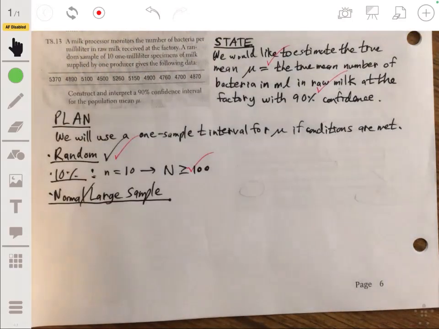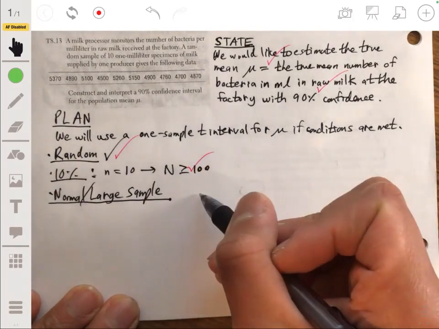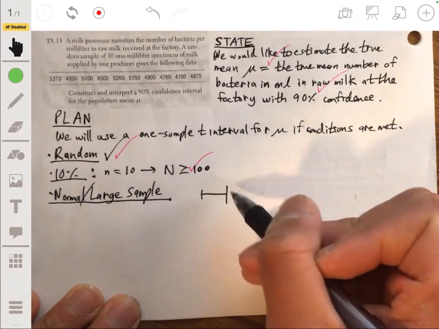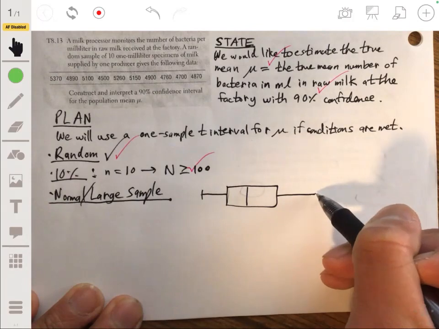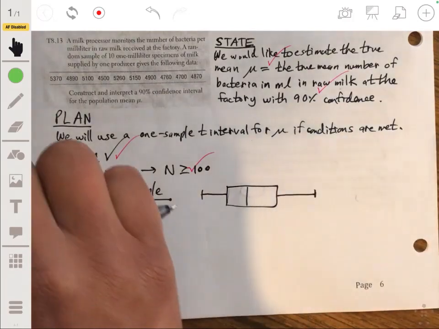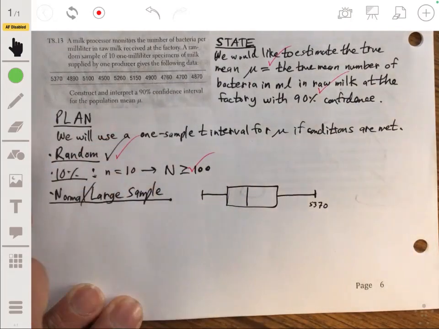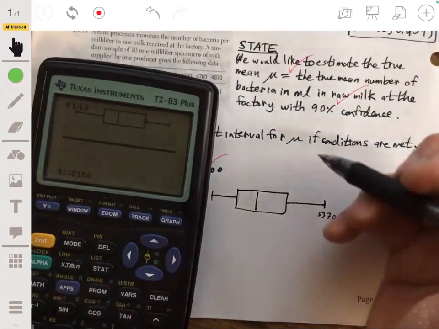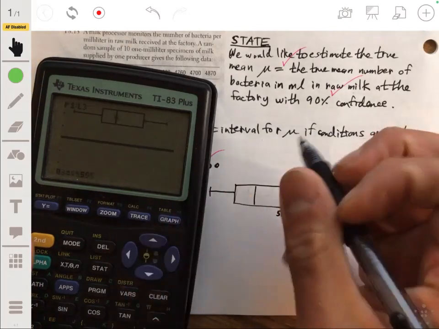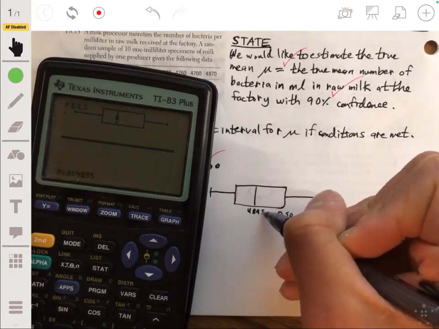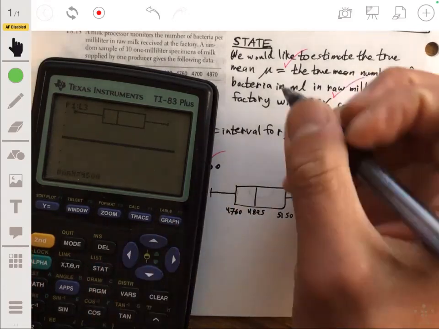So let me draw a box plot here. My max is 5370, 5150 at Q3, median 4895, 4760, 4500.